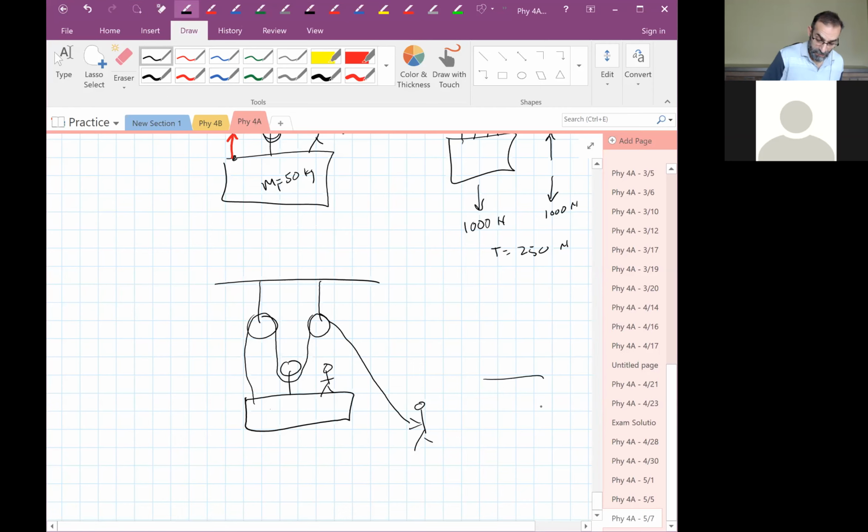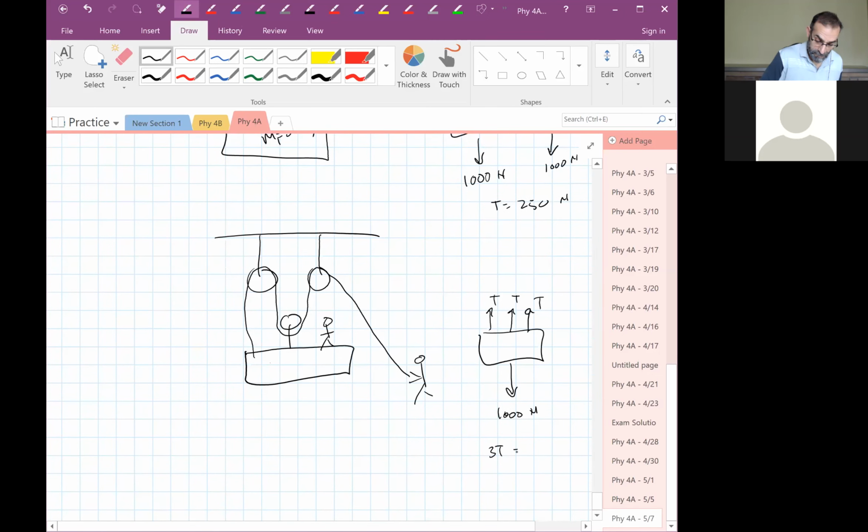Okay, I think we've got the hang of it. The string is only pulling up 3 times now on our box plus person system. So the tension in the string would have to be 333.